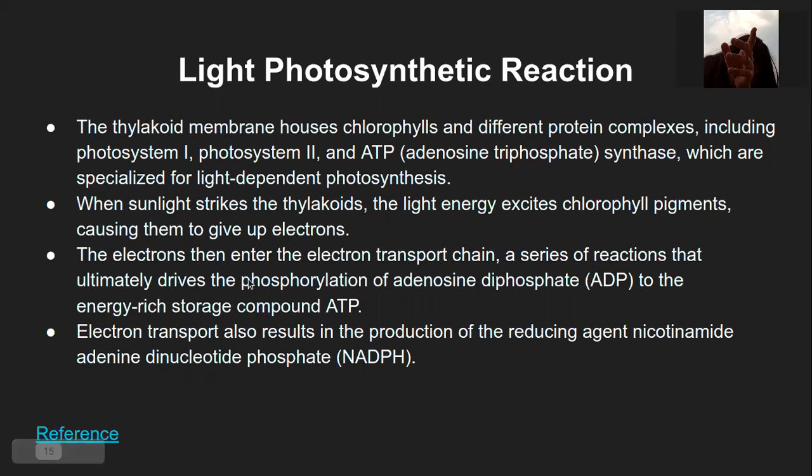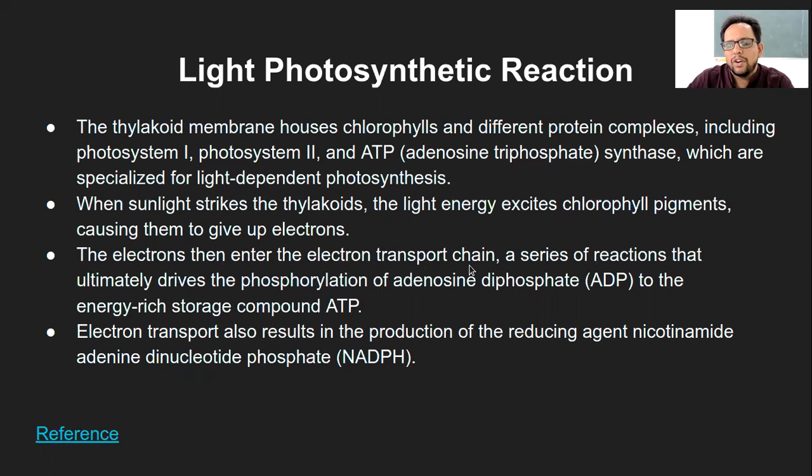So these electrons, which are released from the chlorophyll pigment, enter the electron transport chain, and a series of reactions ultimately drives the phosphorylation of adenosine diphosphate to adenosine triphosphate, which is ATP.